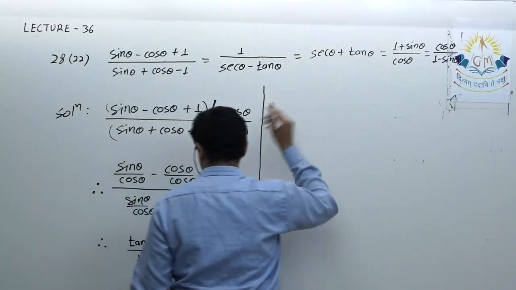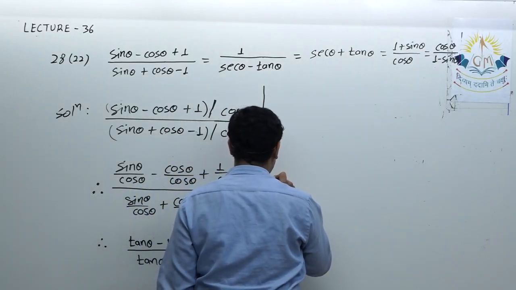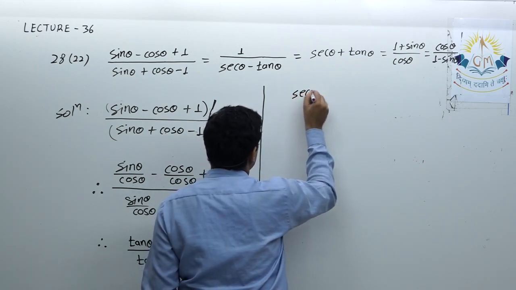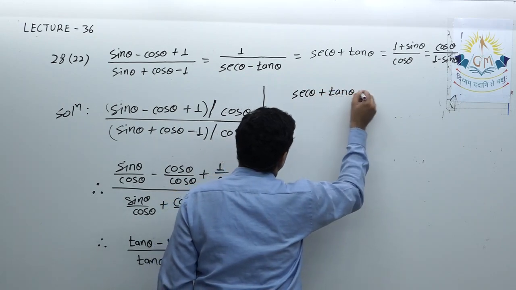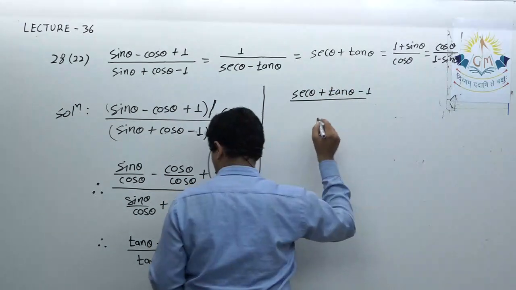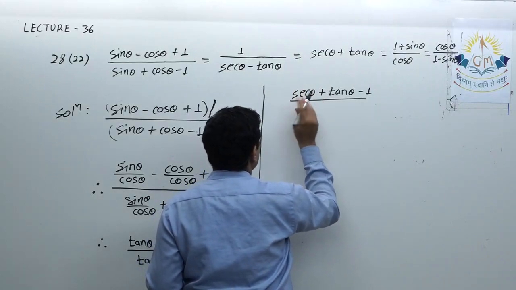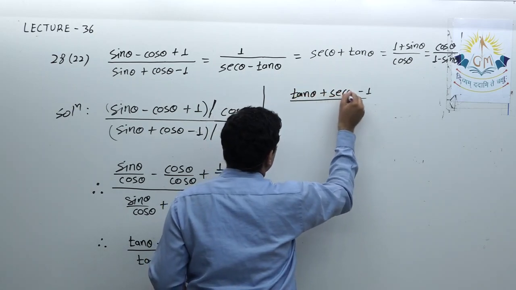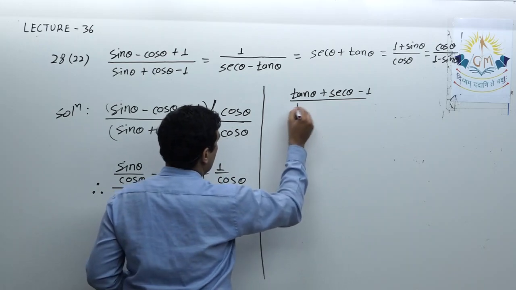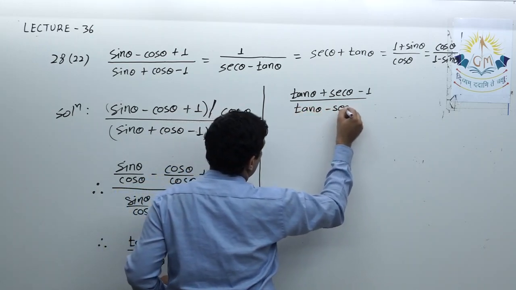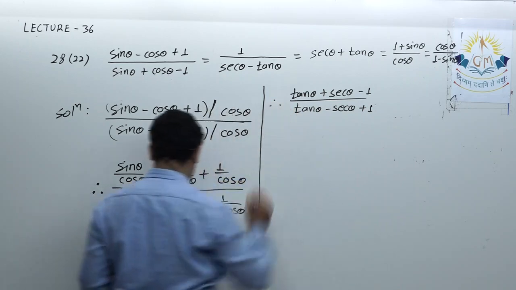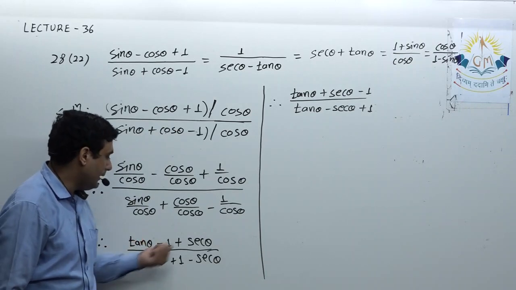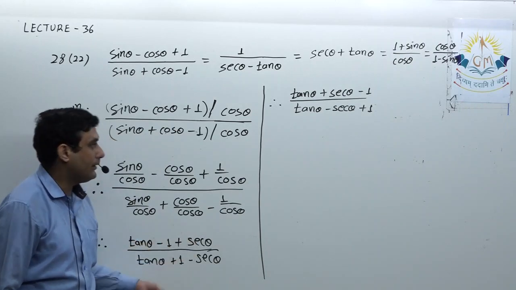So next I am writing: sec theta plus tan theta minus 1 divided by, better to write, tan theta plus sec theta minus 1, and the denominator says tan theta minus sec theta plus 1. I wrote the same thing, just the trigonometric ratios all together. Tan theta plus sec theta minus 1, tan theta minus sec theta plus 1.